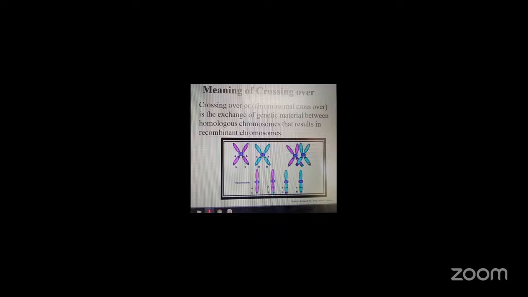So single crossing over, I already showed in the picture. See these diagrams for the single and double multiple crossing over, already shown.